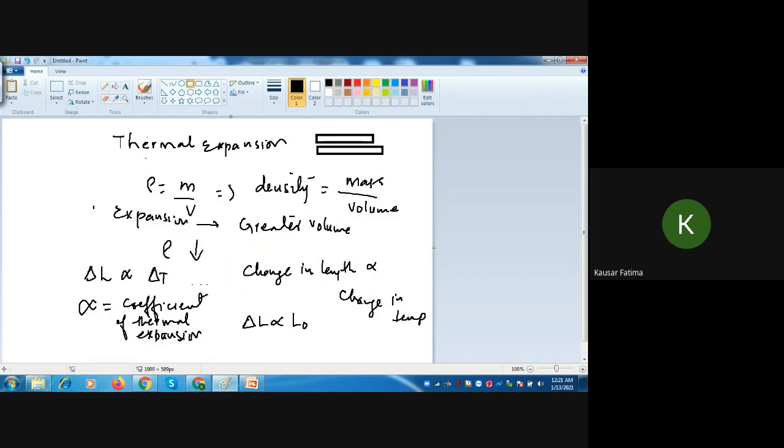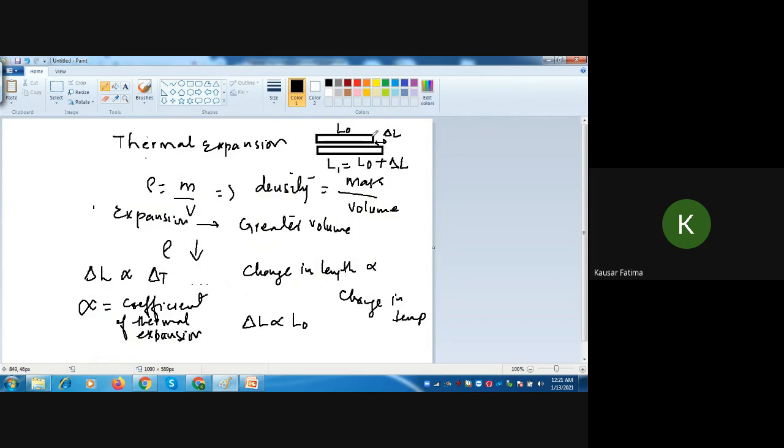So this length is delta L, and this is L naught. So what is the new length? We may call it L1. L1 will be L naught plus delta L. So for a greater rise in temperature, this delta L will be greater.